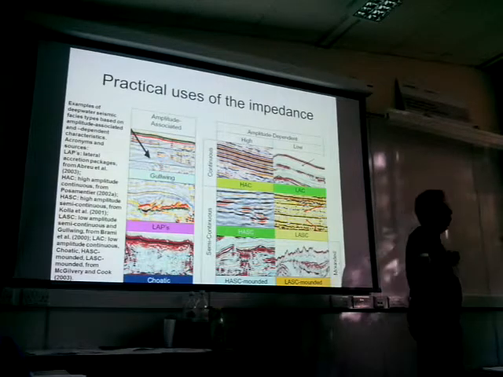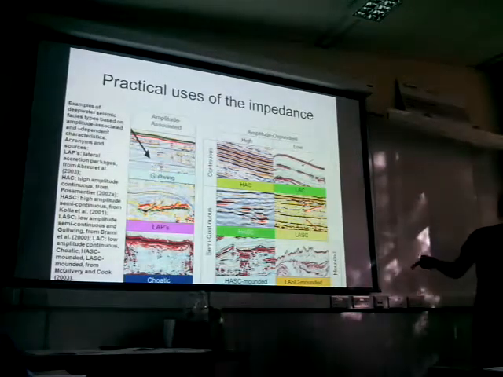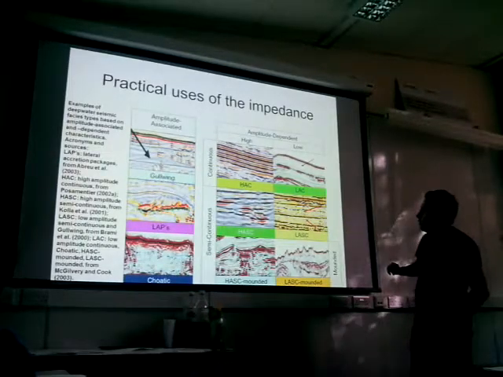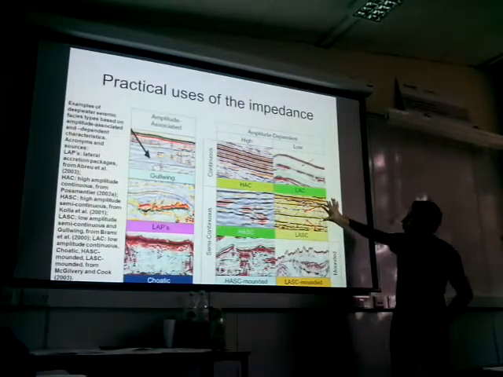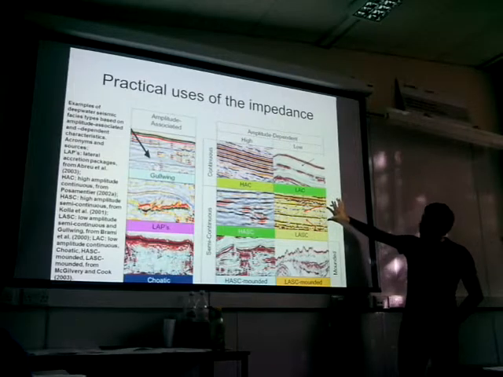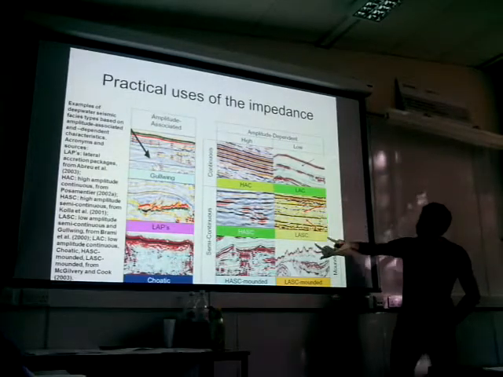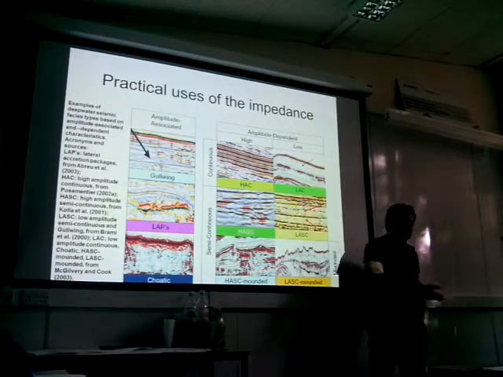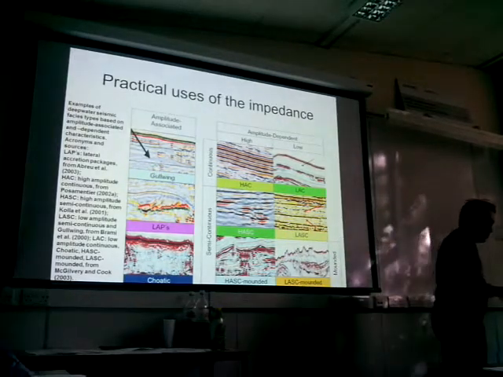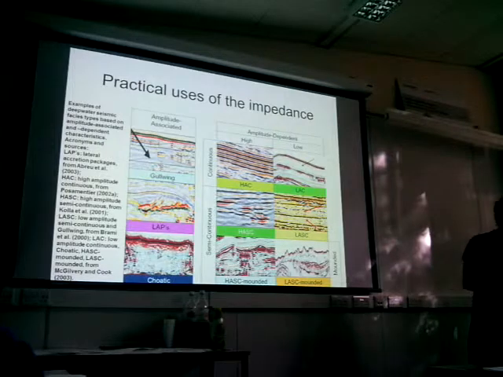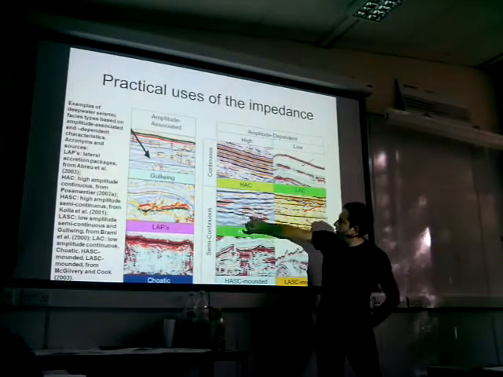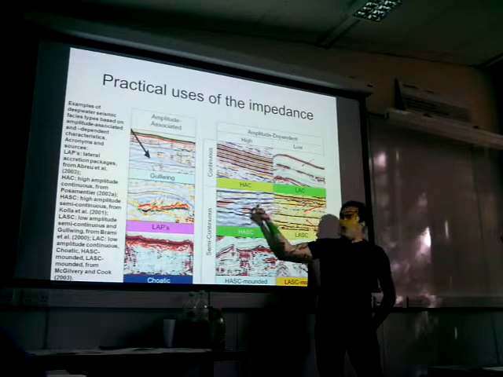A good interpreter asks, what's happening there? That is something similar to that one, in which you get strong reflection on top and at the bottom. Okay. That one is a section of a channelized structure. Channelized objects are those kinds of things, and the channels are coming more or less in that direction.